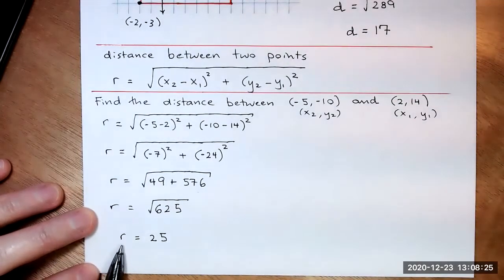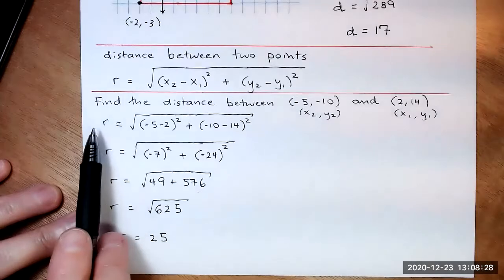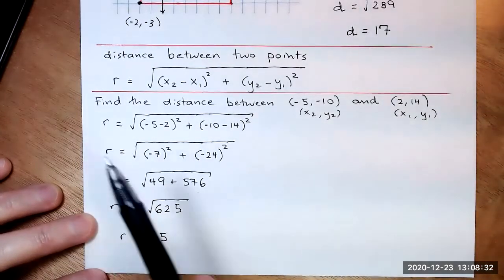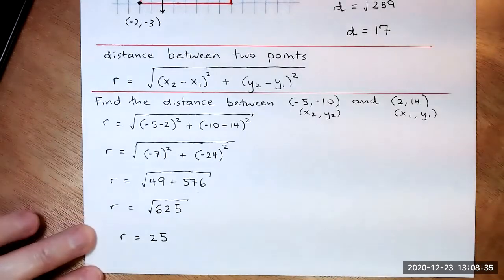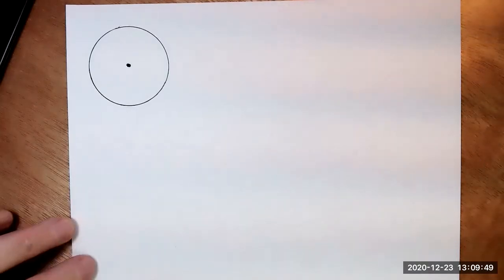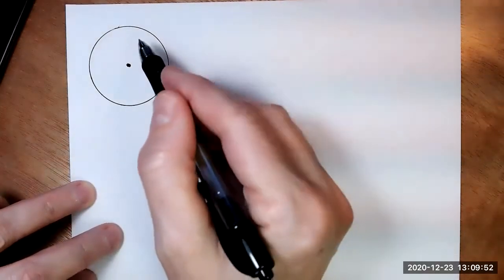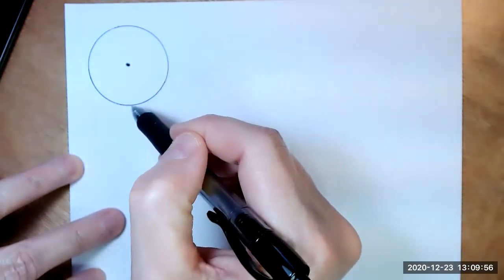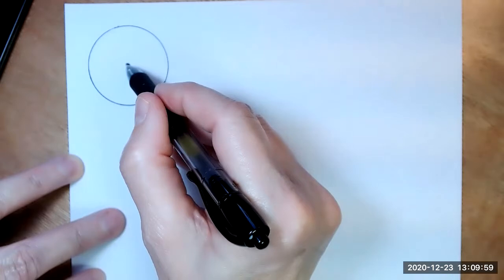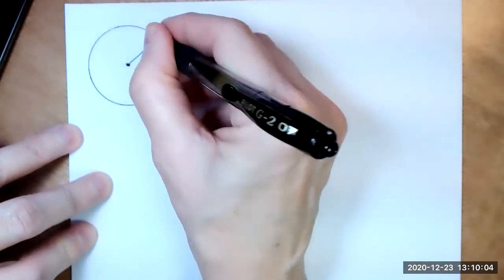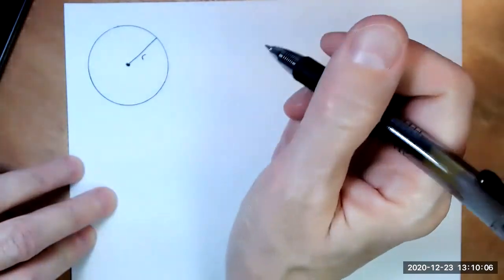And you're probably wondering why they used the letter R in this formula. Well, because we're going to use it to find the radius of a circle. So let's draw you a picture. All right, one way to think of a circle is it's all of the points that are an equal distance from a particular point, and that distance is called the radius.